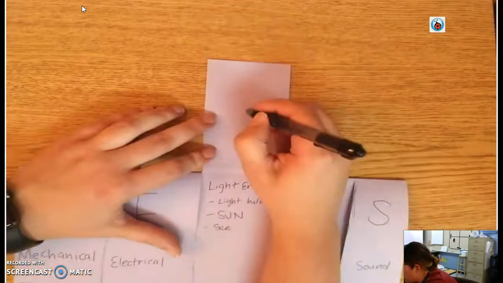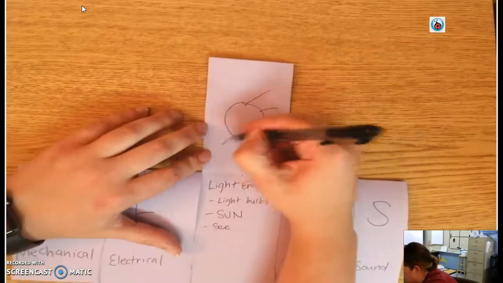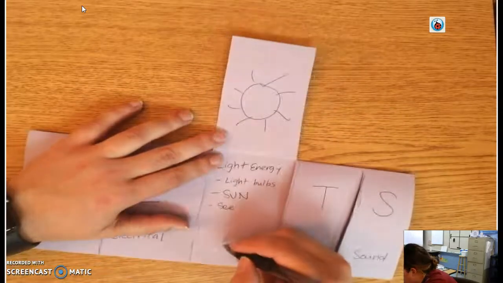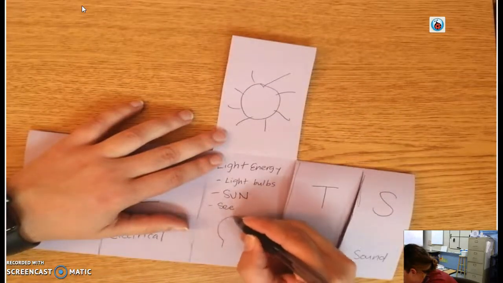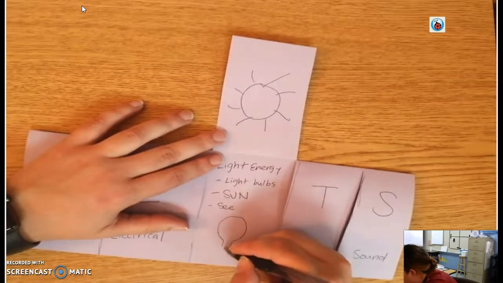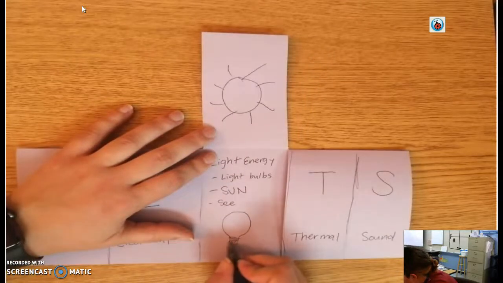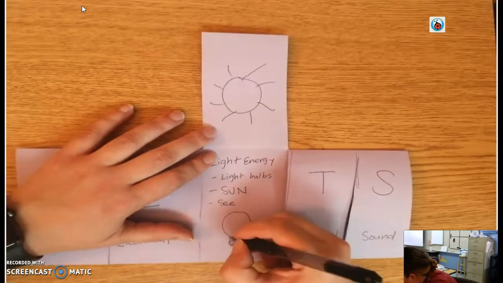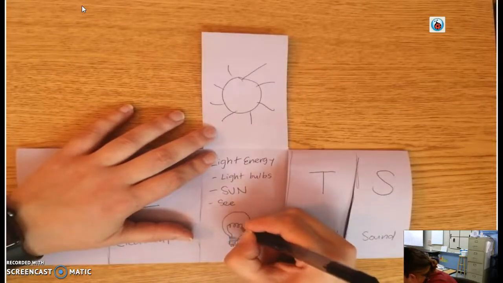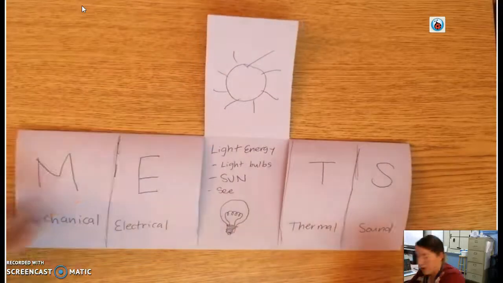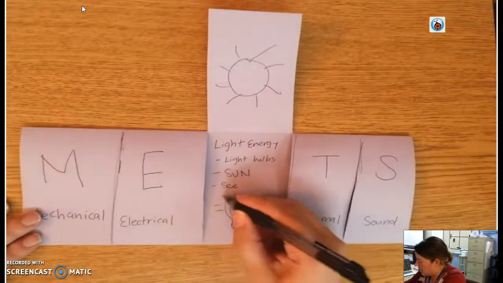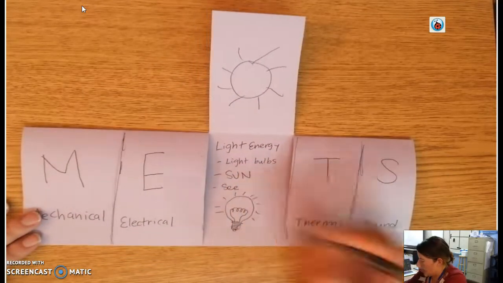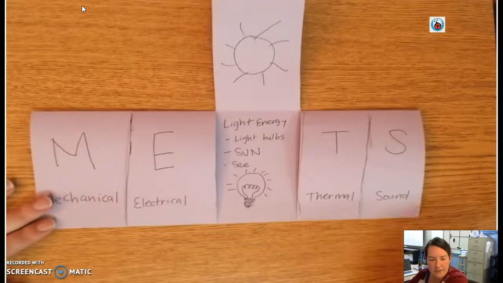I'm going to draw a picture of the sun. Light energy. Or you could draw a light bulb. Let's see if I can draw a light bulb. There you go. And it's going to be shining, right? We have light energy.